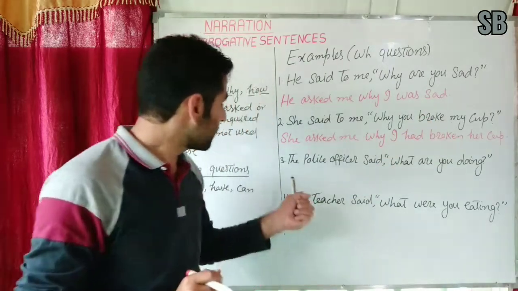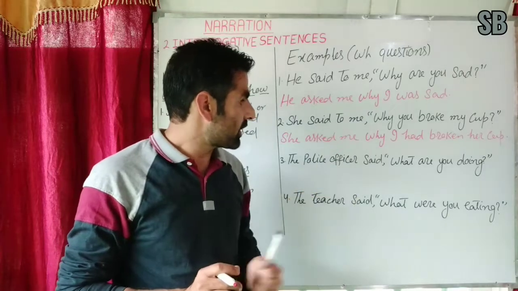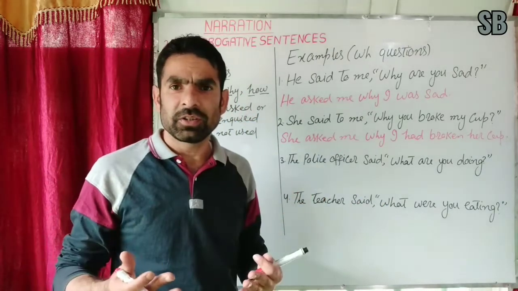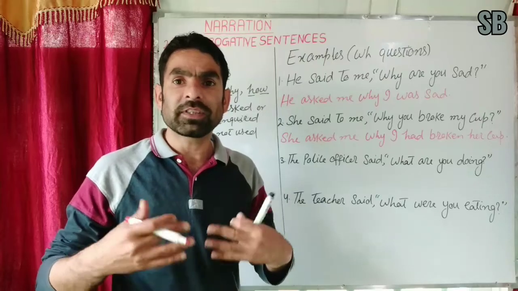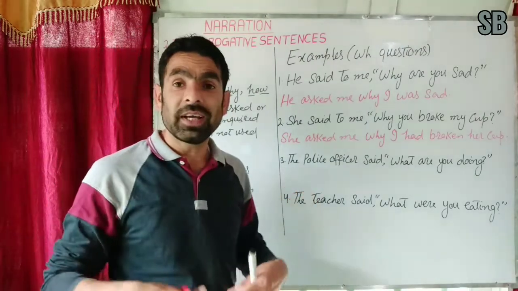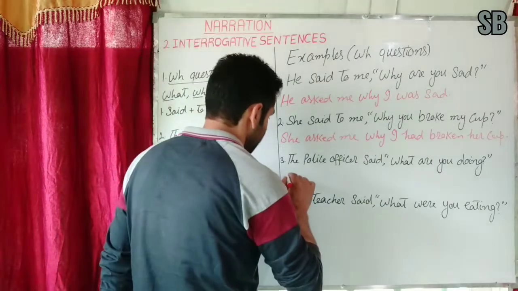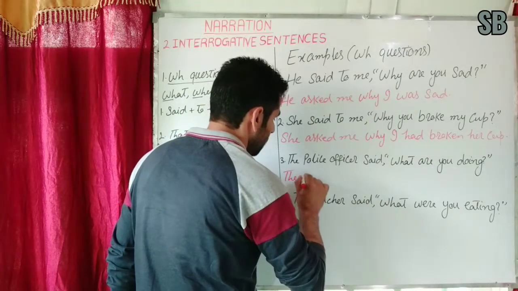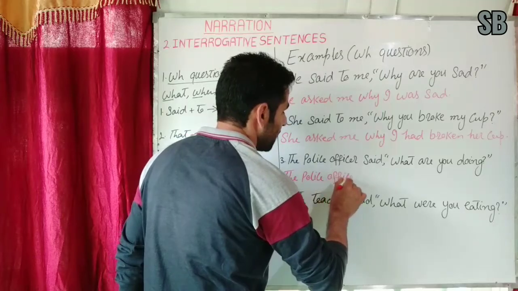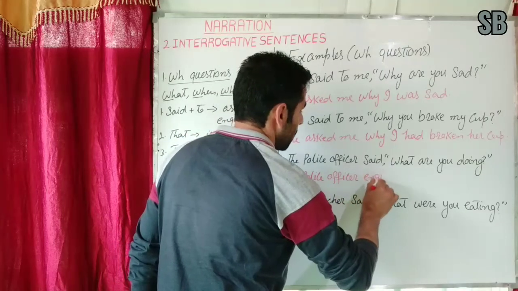Third, the police officer said, what are you doing? The police officer enquired. A police officer will always enquire; he will not ask you. So we will write, the police officer enquired.